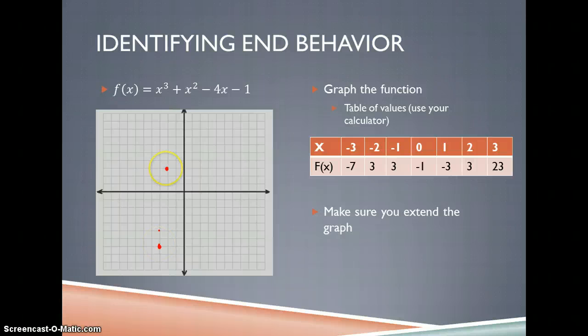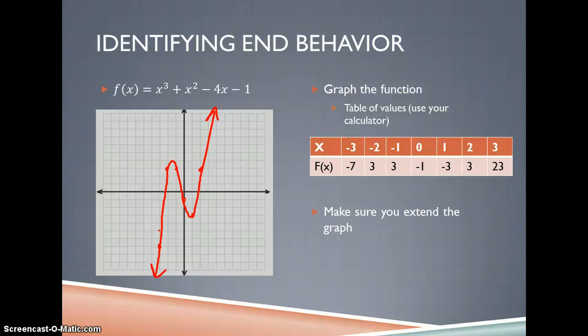Negative 2, positive 3. Negative 1, positive 3. 0, negative 1. 1, negative 3. 2, 3. And then 3, 23 goes way off the graph. So our graph looks something like that.